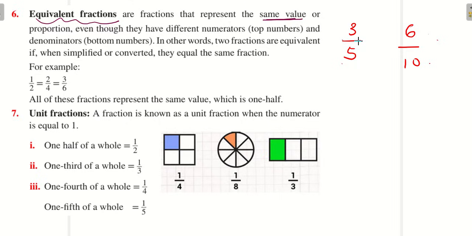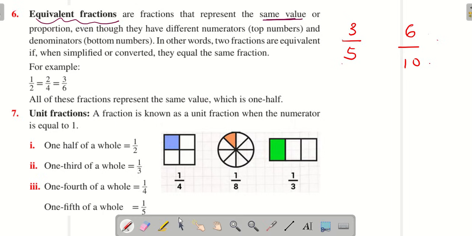Now, they have the same value because if you have 10 people, let us say we have 10. Let me divide this into 10 and explain the concept here for clarity.